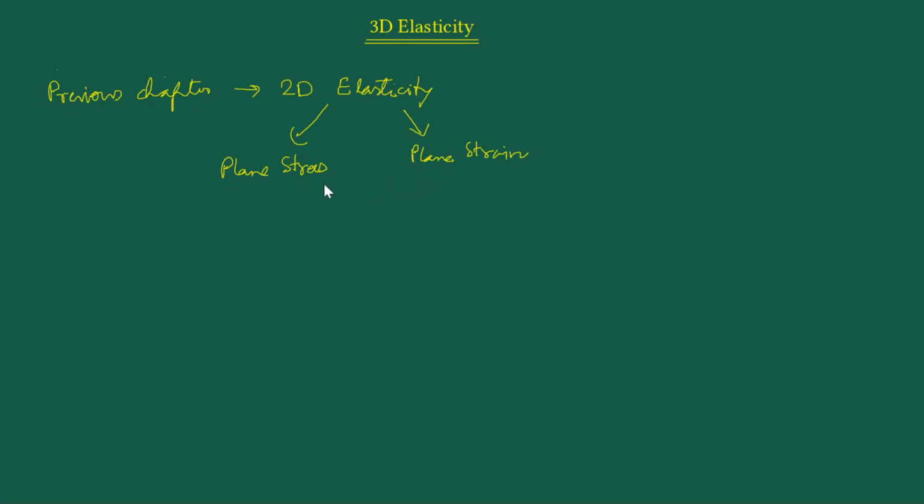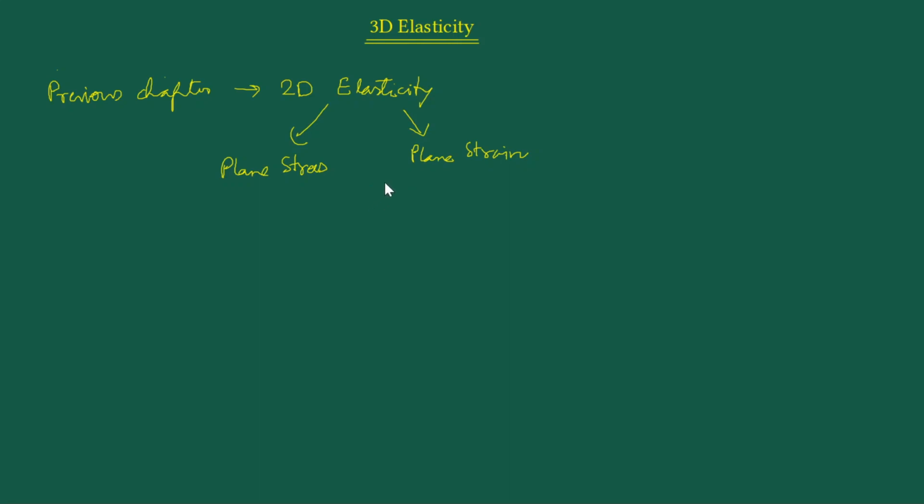There are a huge number of problems which can be reduced to these situations, but there are even more problems which simply cannot be reduced to either of these. What then? Well, for that, we are going to discuss our current chapter of three-dimensional elasticity.